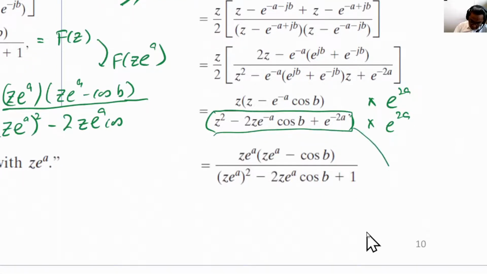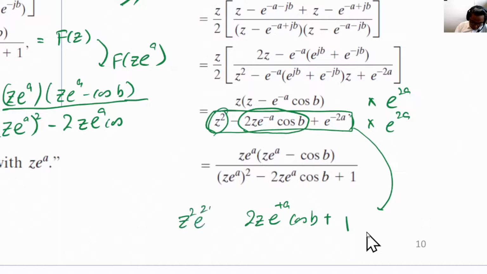We'll get here e^(-2a) times e^a is 1. Here 2z e^(-a) cosine b times e^a will get 2z e^(a) cosine b. z squared times e^a will have z squared e^a, and this reduces to (z e^a) to the power of 2. So the denominator works out.